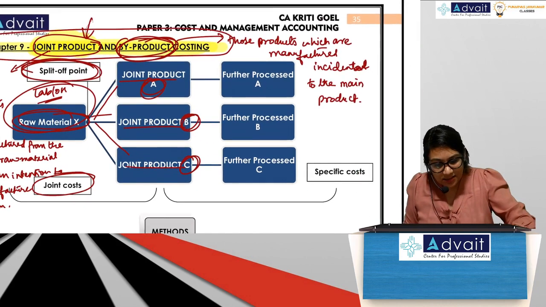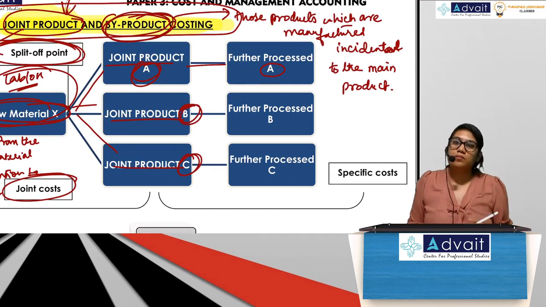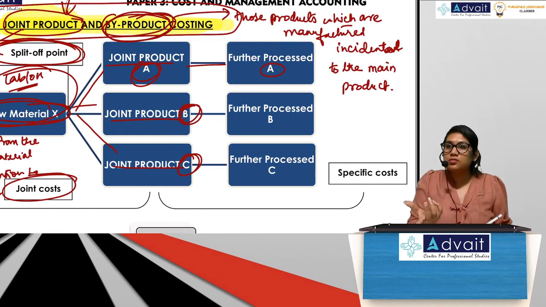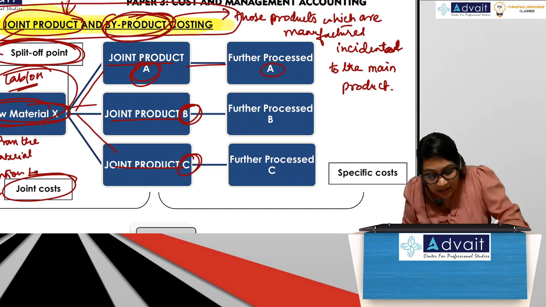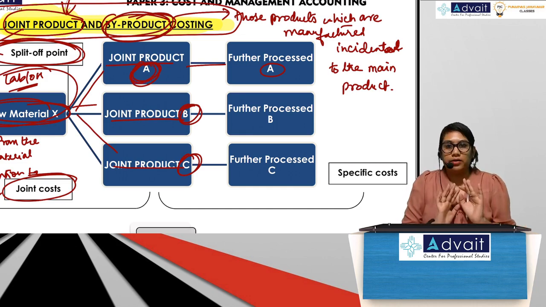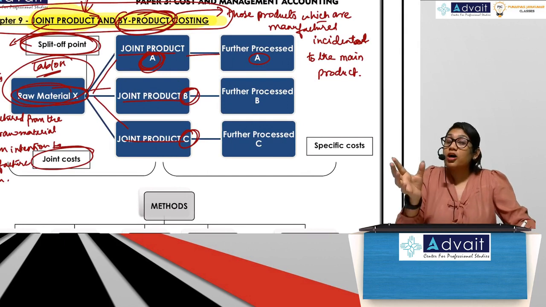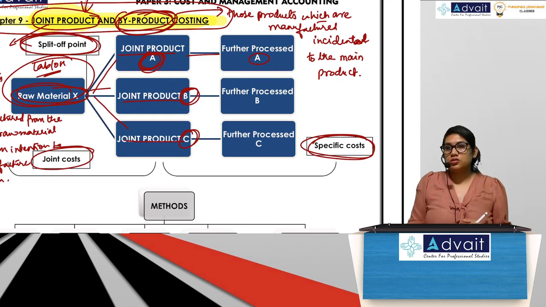So let's say A is further processed to further processed A. Again, to further process it, you have to incur some costs. But those costs are not joint costs. Why? Because they were only incurred on A. And I know that. So such further processing costs are known as specific costs.